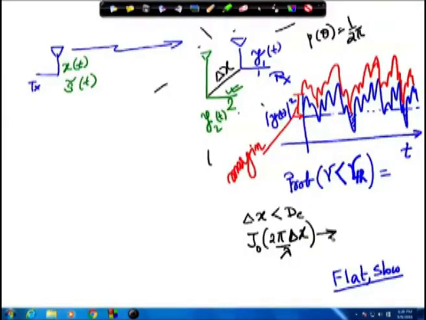If I look at the mod squared of the signal, we have found that at a separation of approximately lambda by 2, that means 0.38 lambda, the correlation goes to 0. That means the decorrelation distance is lambda by 2. So, if this separation is more than lambda by 2, or comparable to lambda by 2, the signals received here, y1 and y2, would be uncorrelated.